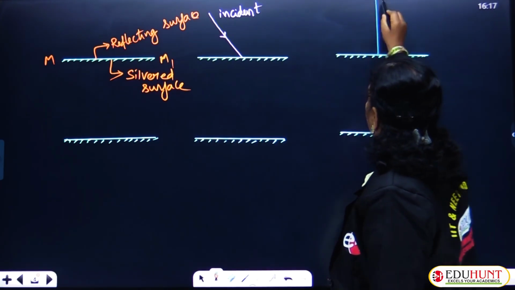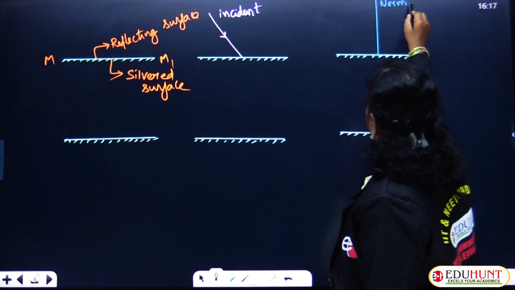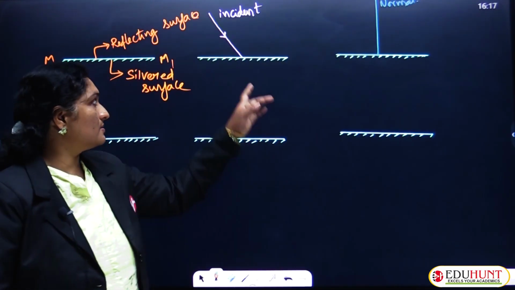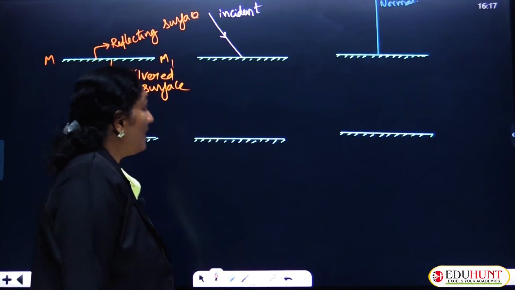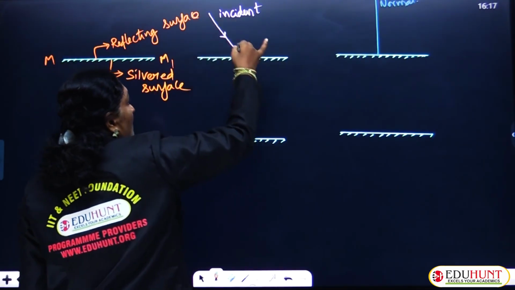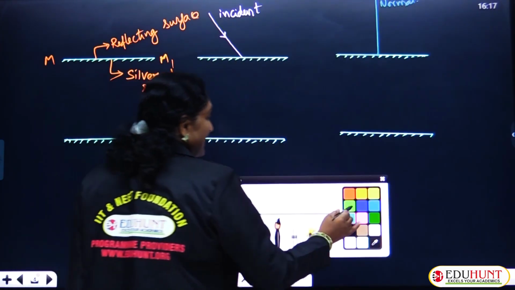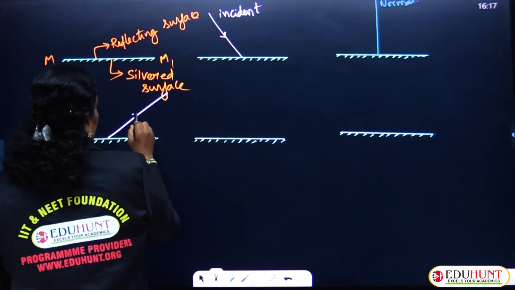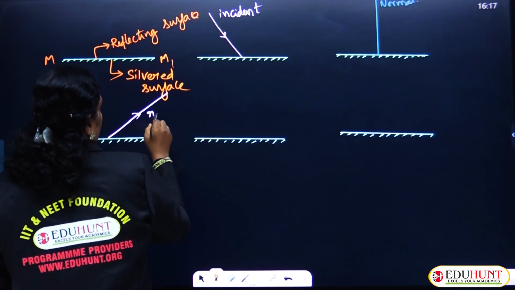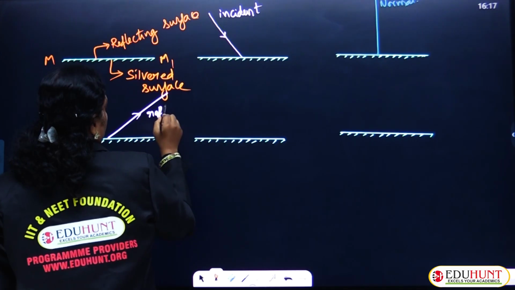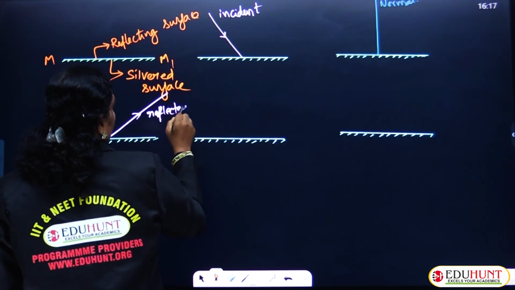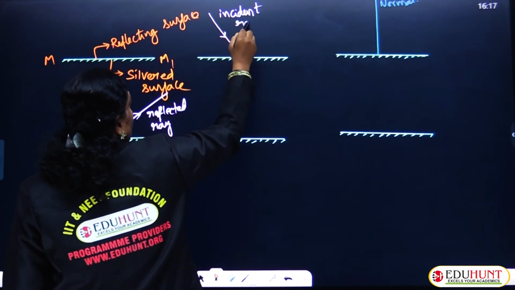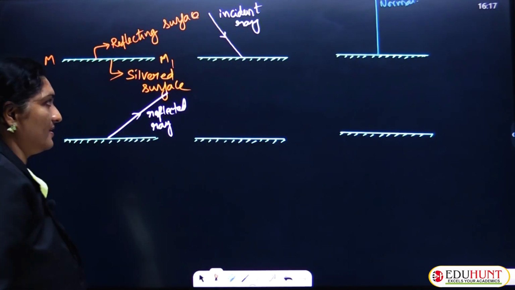After falling on the surface, this light ray is reflected back into the same medium, and it is called the reflected light ray. This is the incident ray and here is the reflected ray.